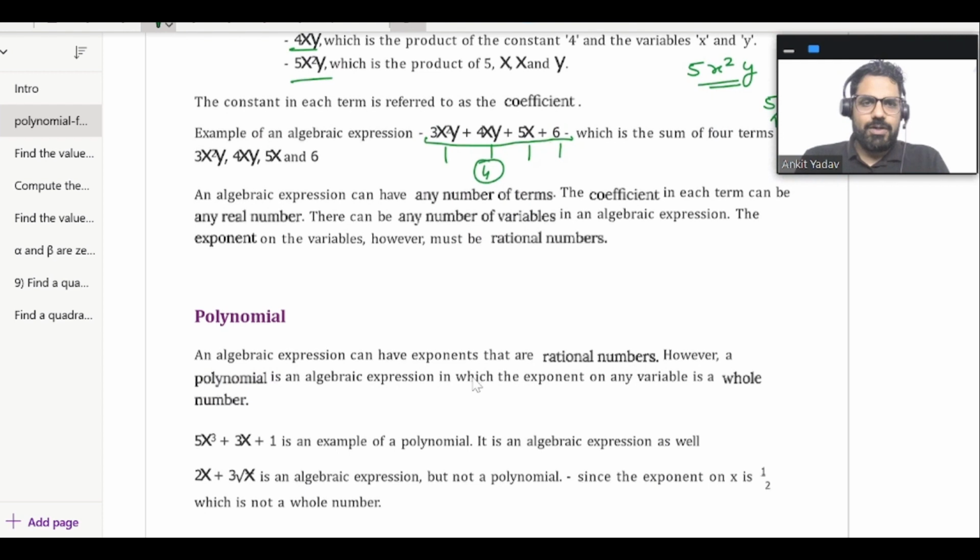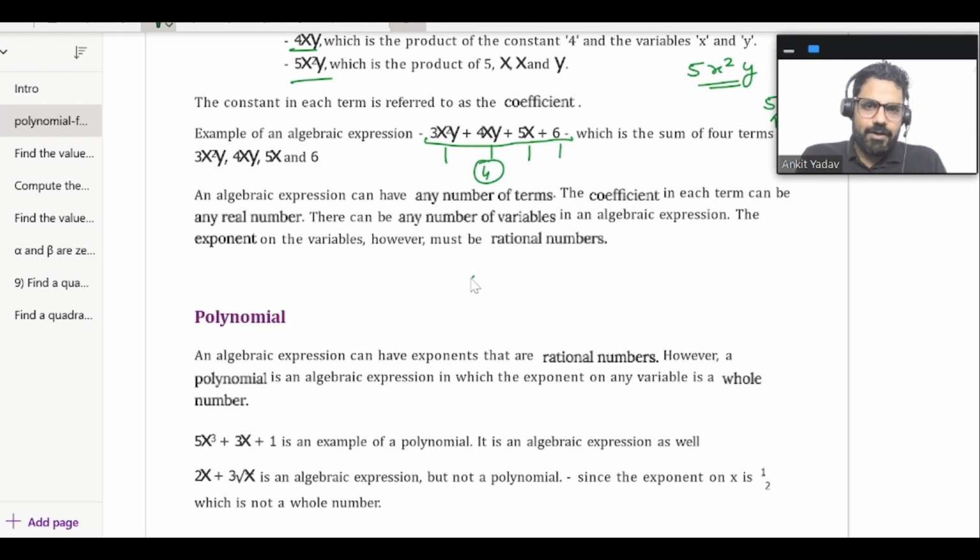Yes. So now the coefficient in each term can be any real number. So what is a coefficient? The thing that is with the variable is known as the coefficient of the given variable, right?